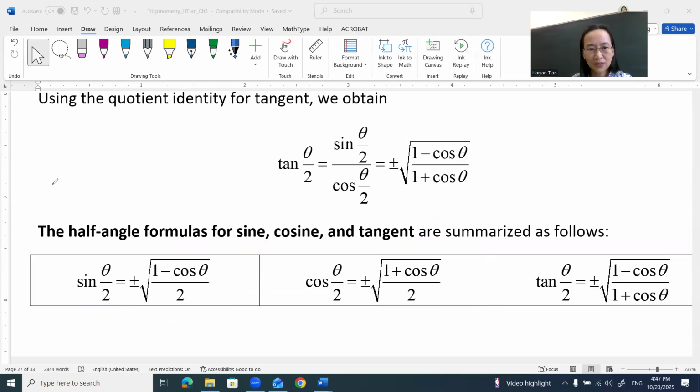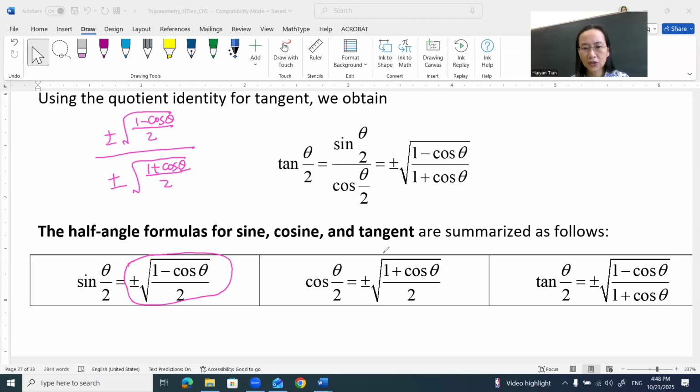Very easy to verify. It's just sine of half of theta, which is either plus or minus the square root of half of 1 minus cosine theta, over cosine of half of theta, which is either plus or minus the square root of half of 1 plus cosine theta. So you see I'm doing a division, sine of half of theta over cosine of half of theta, in order to get tangent half of theta.